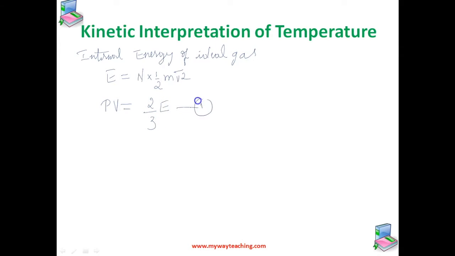Combining this equation with the ideal gas equation that we studied before, that ideal gas equation is nothing but PV is equal to mu RT.